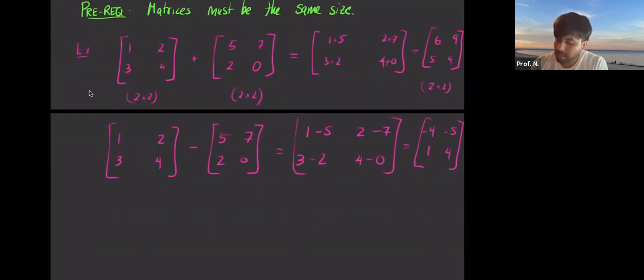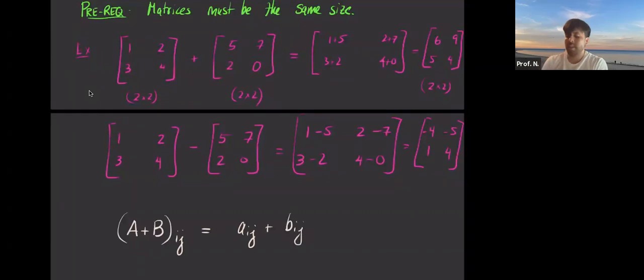So basically, there's a way we can generalize this. If you add A plus B, and you're talking about the ijth term in the sum A plus B, it's just taking the ith and jth entry of A, and adding it to the ith and jth entry of B, which just means the first row, first column of one plus the first row and first column of the other.